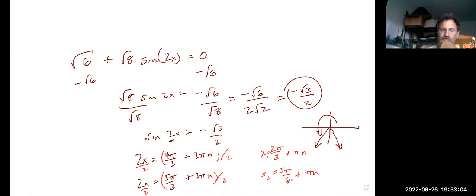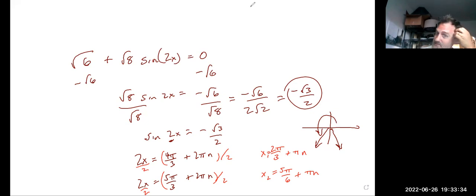These are the infinite number of solutions that make this true. 2 pi thirds and 5 pi sixths are the two solutions based on the first circle. Because it's been divided by 2, it's within the first 180 degrees, the first pi radians. So that's a little bit trickier of a problem. Lots to think about there.